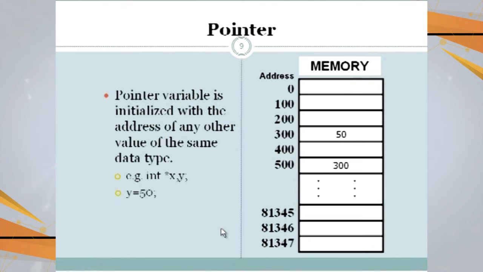In this example, x is a pointer variable and y is a simple variable. Now here y is initialized with the initial value 50, the memory address of y is assumed to be 300, and this is variable x, a pointer variable, initialized with the address of y, that is considered to be 300 in this case.